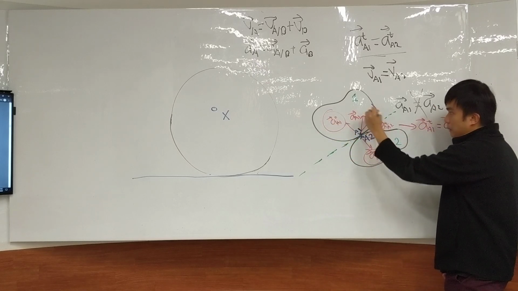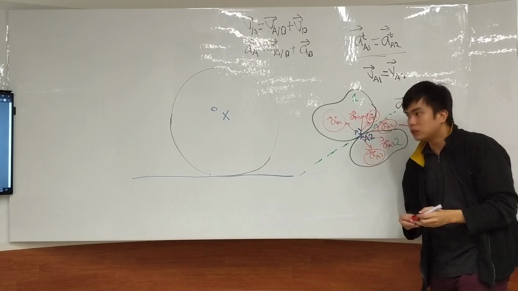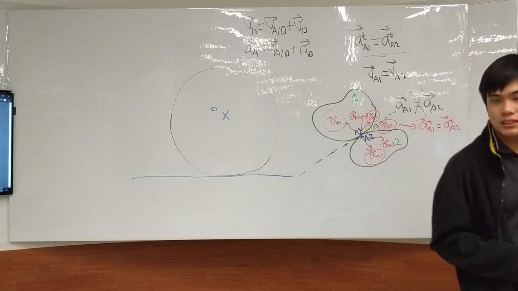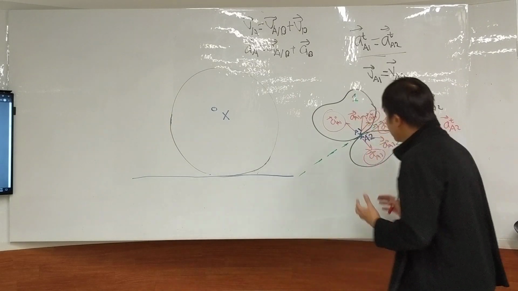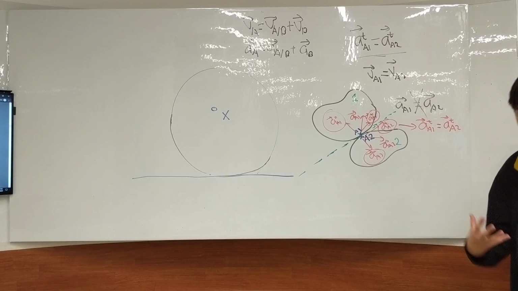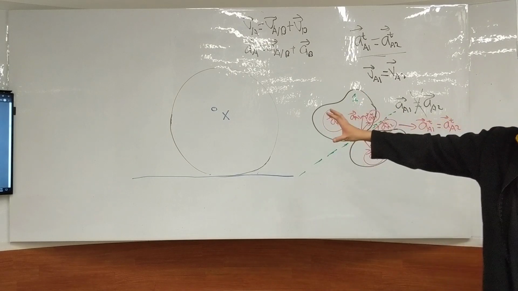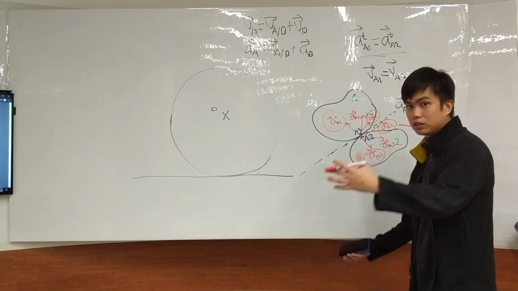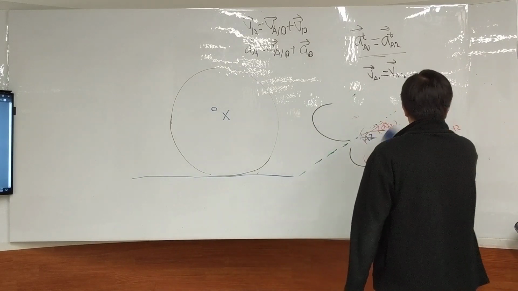However, this must be equal to this if these two points are to be rolling without slipping at point A. Please take some time to digest this understanding of components, because we are going to talk about how we derive the rolling without slipping case for a solid cylinder on the floor. So now let's take a look at the derivation.